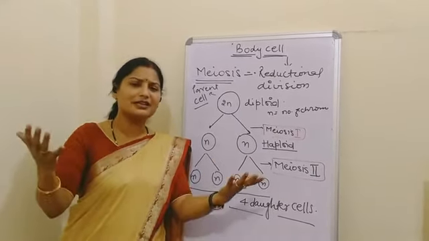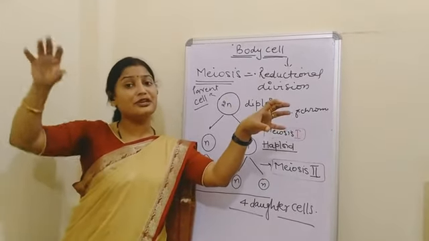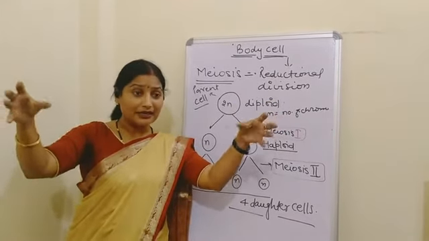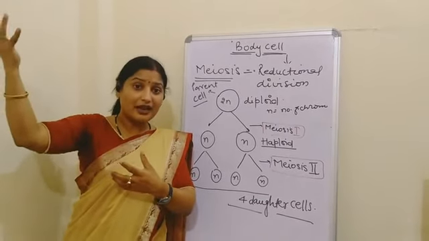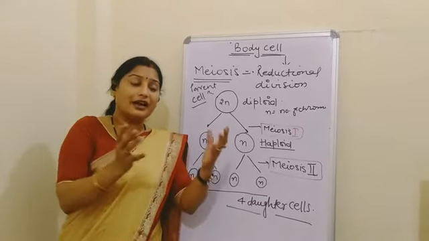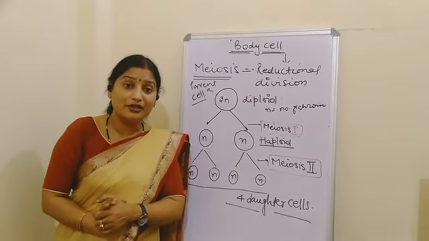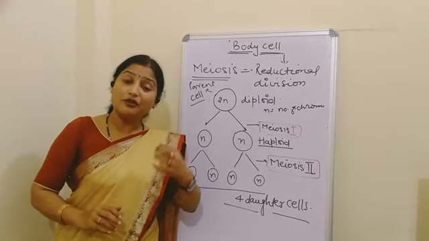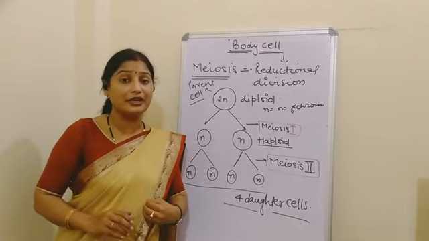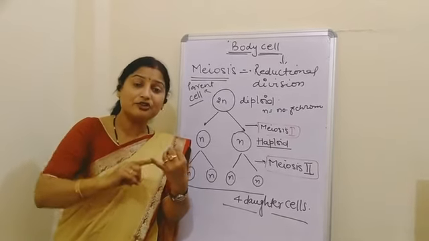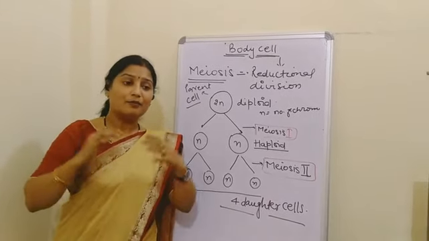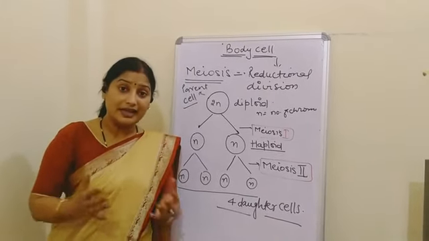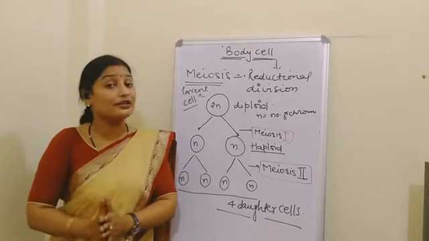Just imagine, if this 46 pairs meets another 46 pairs, then what will be the number? 46 into 4 times. And that is not the constant condition for a human being to survive on earth. Because we need 46 chromosomes constant in our body. If even one chromosome varies, then a person will get a disease. Their body constitution will be changed. And that's why this 46 should remain constant.